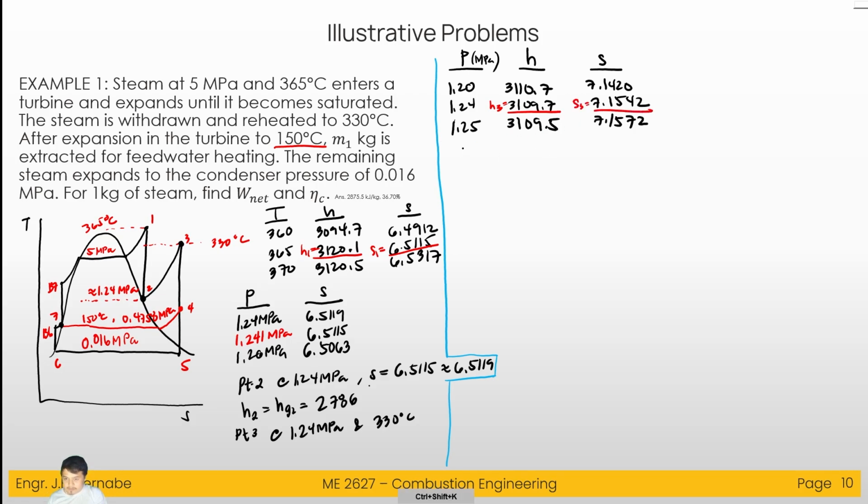So what's next? We can solve for S3 and S4, where S3 is equal to S4 is equal to S5. Now, for this process, we also have to take note of the mass flow rate later, since we have extracted some steam at point 4.